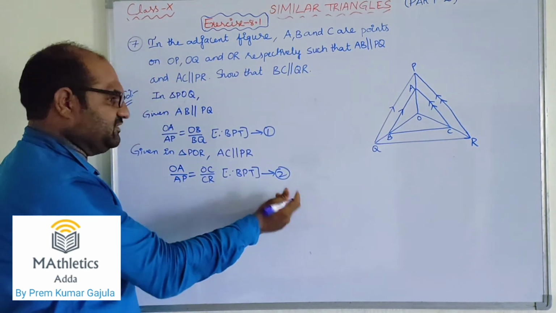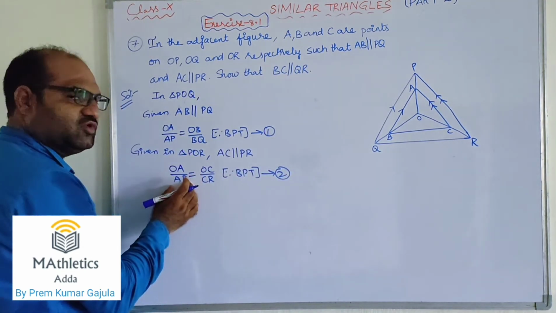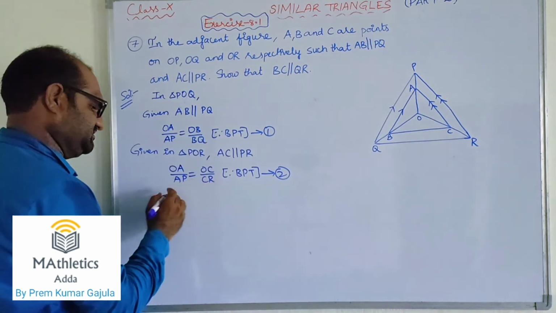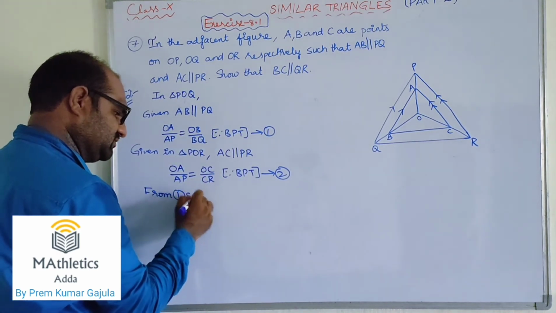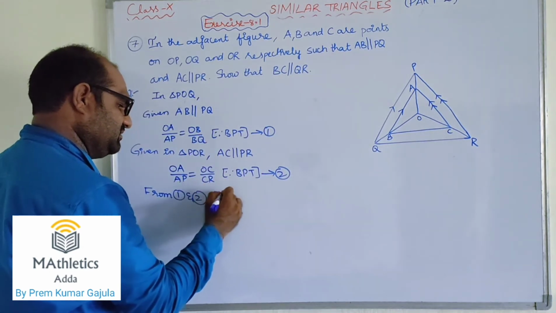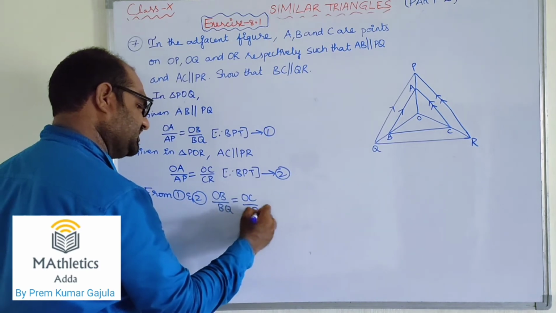So if you observe carefully, from equation number 1 and 2, OA by AP is the same in both. So we can equate the RHS. So from 1 and 2, we can write OB by BQ is equal to OC by CR.